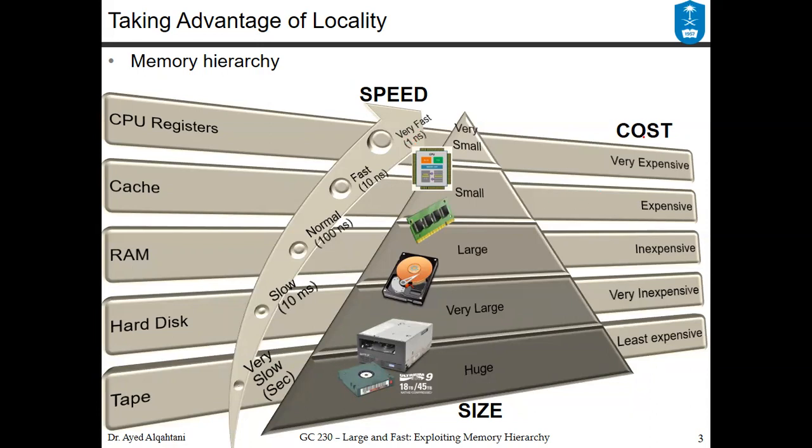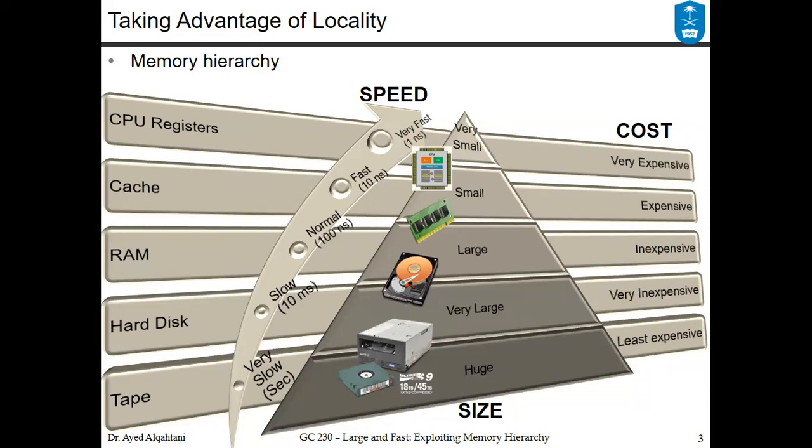And cost-wise, the faster the storage, the more expensive it is. So the registers are very expensive. The cache is expensive. The RAM is kind of inexpensive nowadays. The hard disk is very inexpensive, and the tape is the least expensive in terms of cost.